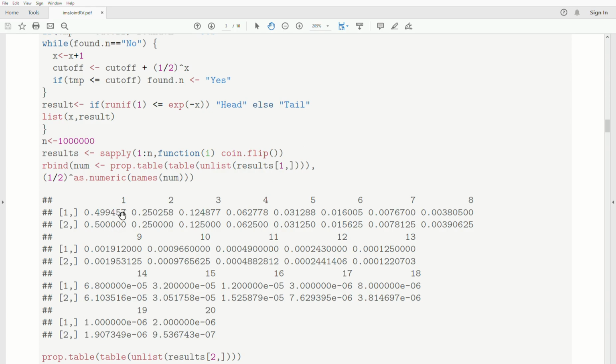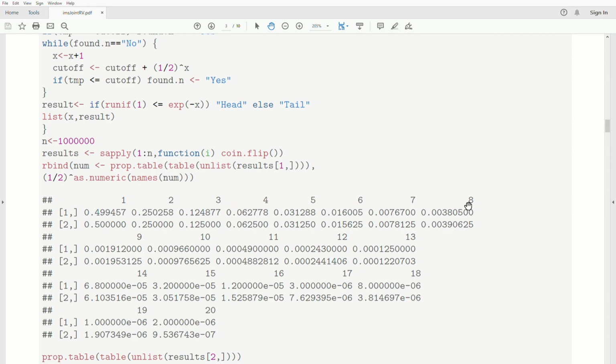We should observe a 1 50% of the time, and in our simulation we observed it pretty close to 50%. We should observe a 2 25% of the time, and the simulation is pretty close. 1/8 of the time we should observe a 3.